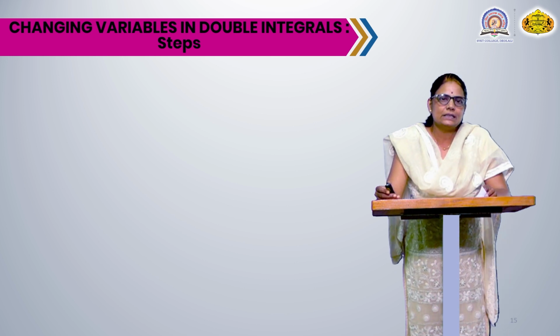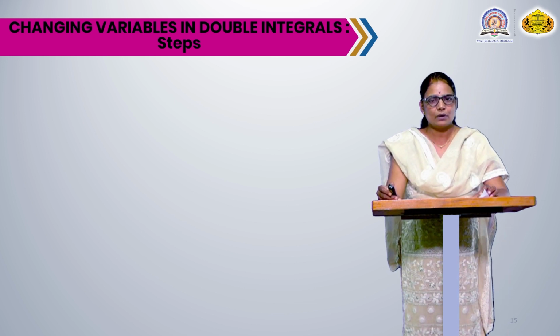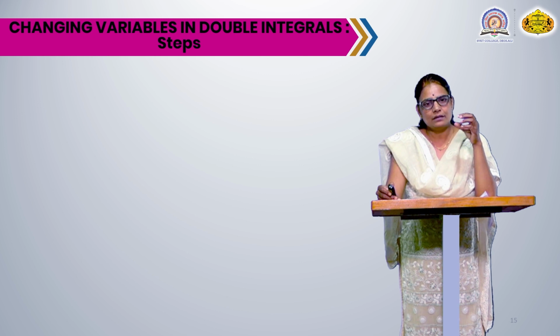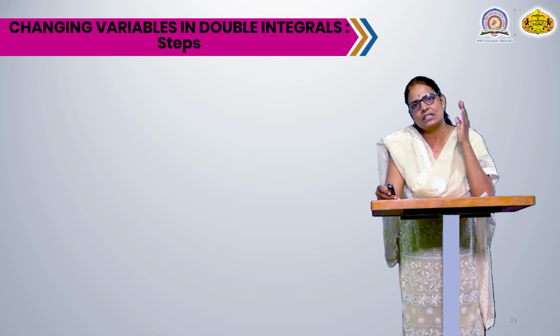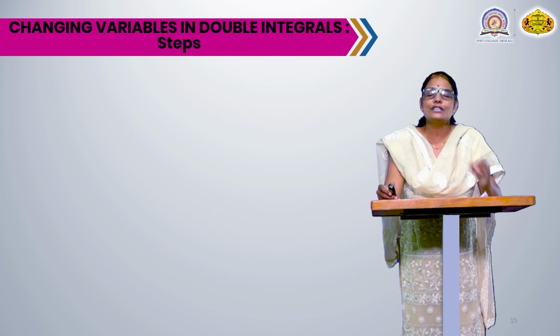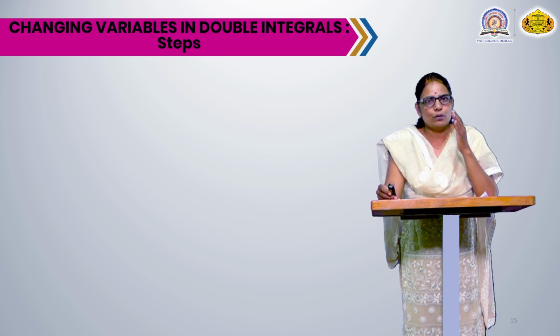So our next part is to evaluate double integrals by using the substitution method, that is, the changing variables method. As we know, the goal of this method is to replace the complicated integral by a simpler integral.